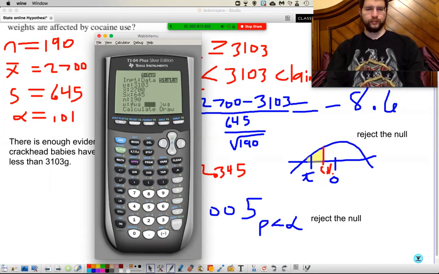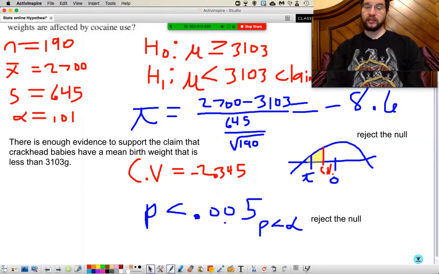Left tail. Okay, the calculator says your p-value is 0. It's just way too small to give you any decimals in scientific notation. So 0 is less than your alpha value, whatever that may be. So 0 is smaller than 0.005, so we were right there. It's a really tiny p-value.